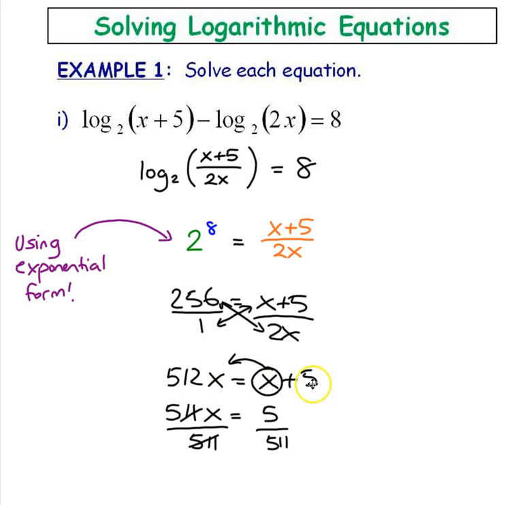The 5 is going to be on this side by itself, so let's get rid of that 511 and divide it on both sides. So your final answer is x equals 5 over 511. This is a positive decimal number, so if I put it into here or here just to check, I'm going to get a positive domain on either side. So this answer does definitely work, and it's not an extraneous root.